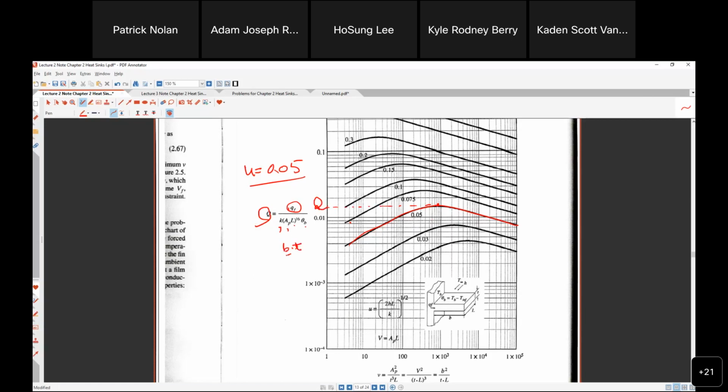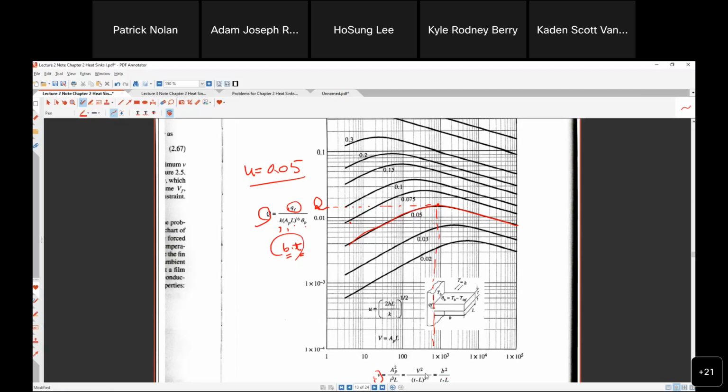Still, I don't know which one is which, BT, but here, the V is known. So here is BT. Do you think you can find the B or T? Yes or no? Yes. Here is one equation.